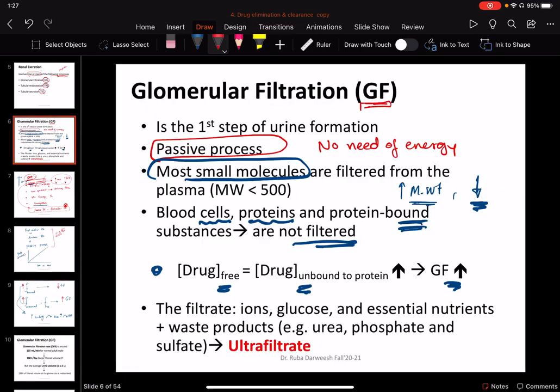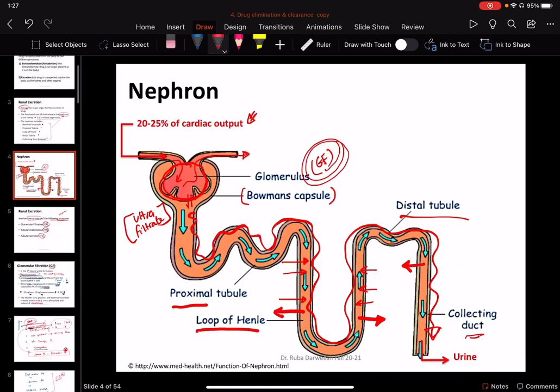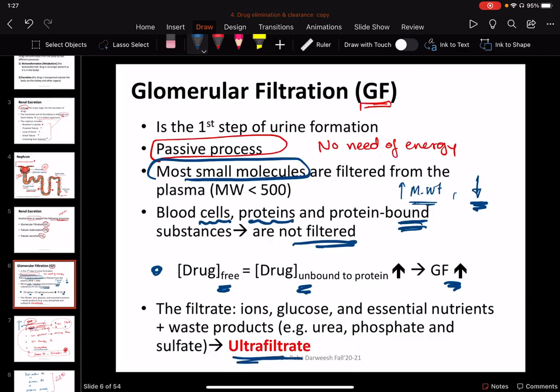The first thing that goes out of the glomerulus into Bowman's capsule, as I mentioned, is called ultrafiltrate, and it includes everything.